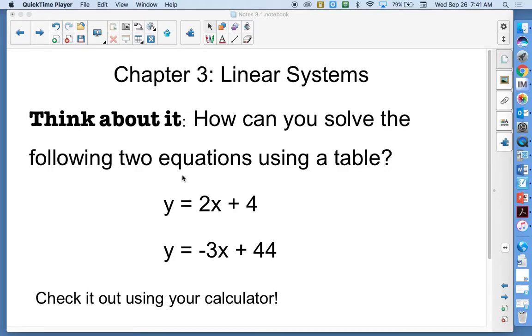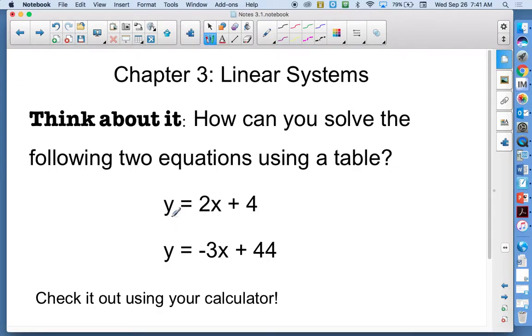Everything for us. In the y equals, if you plug in y equals 2x plus 4, that goes into y1. There we go. And then the second one is going to go into y2.